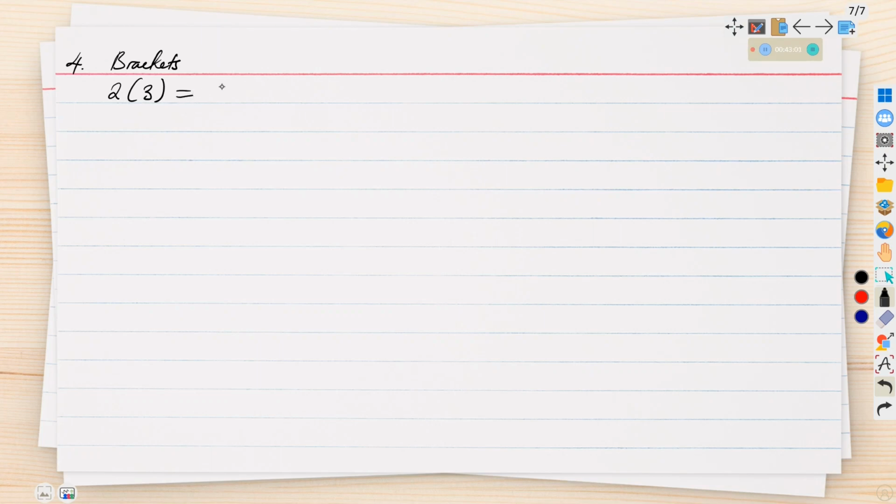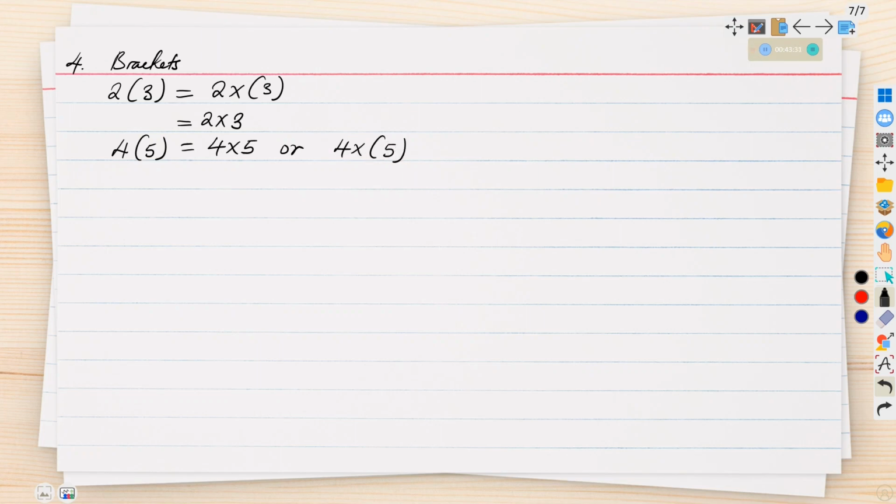So this is the same as 2 times 3. So 4 open brackets 5 is the same as 4 times 5, or the same as 4 then put times open brackets 5.